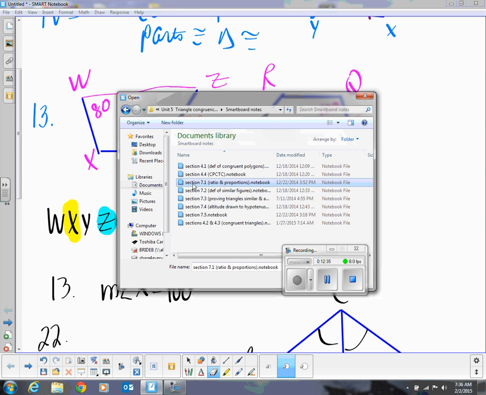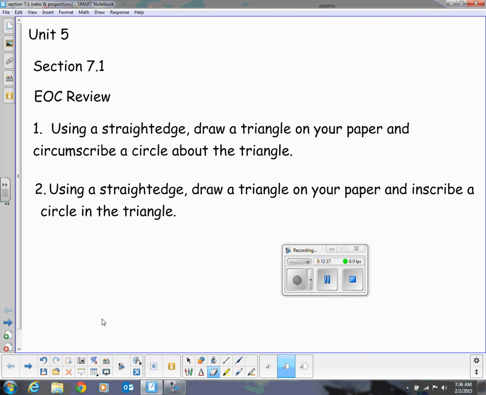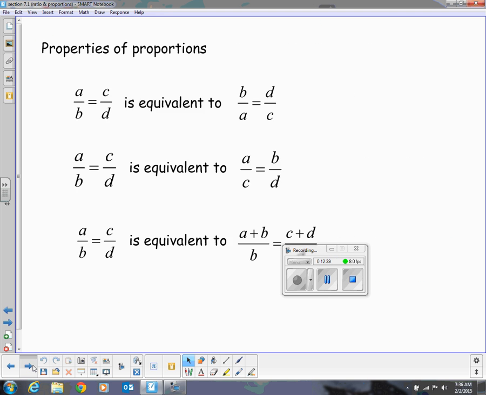Someone's proportion could be different than mine. Here's the last page. Here we go. Properties of proportion. So if you have your 7-1 notes, would you get them out? 7-1 notes. So your 7-1 notes, it was all about proportions.